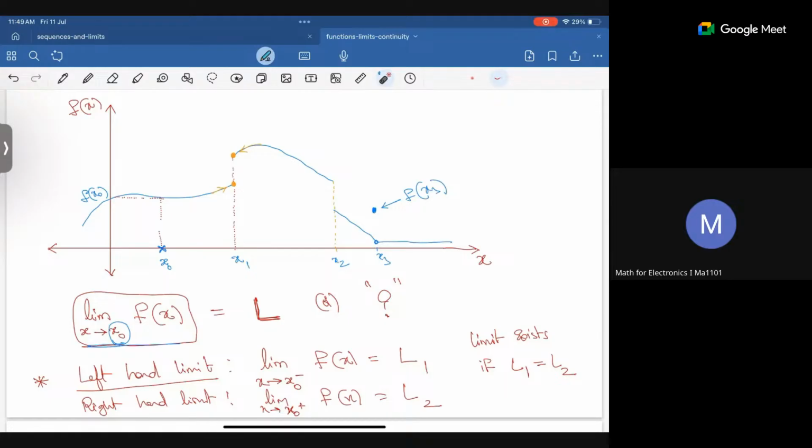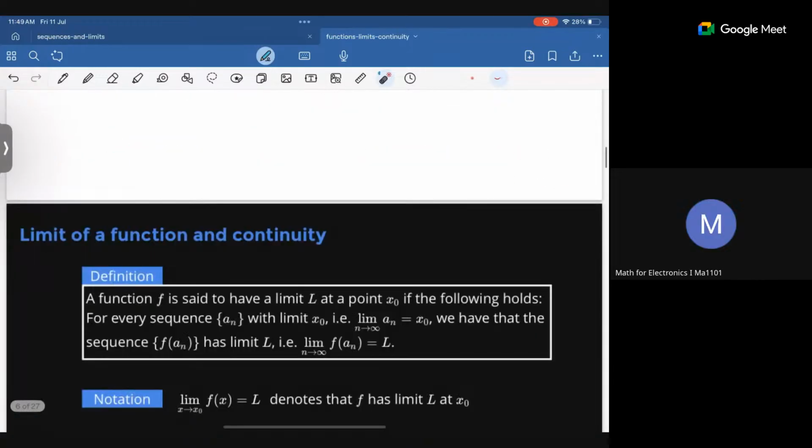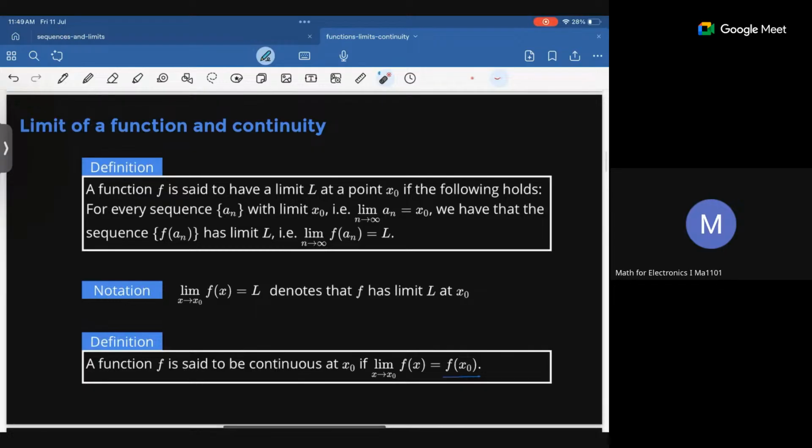It's not possible, because continuity means first of all the limit should exist. So if there is a limit, it is not guaranteed that it is continuous, but if it is continuous, the limit will definitely exist.